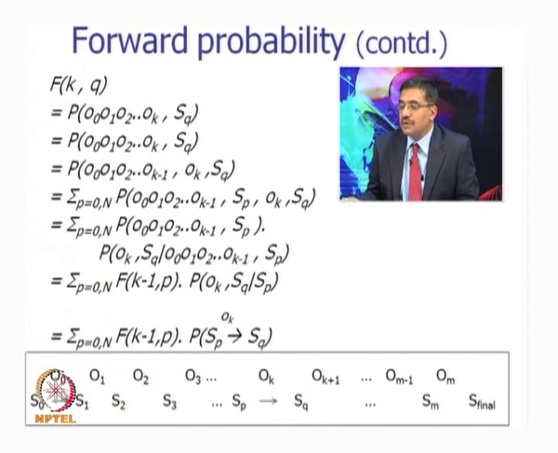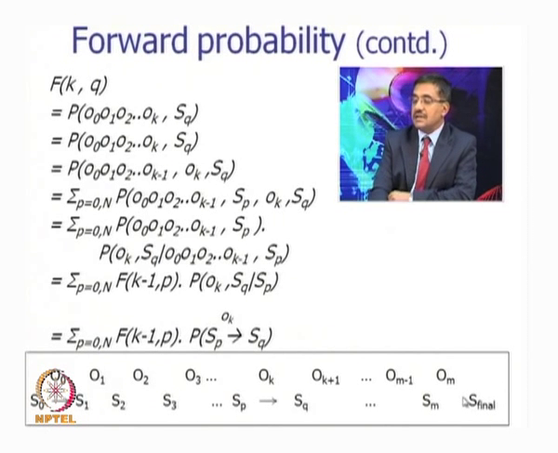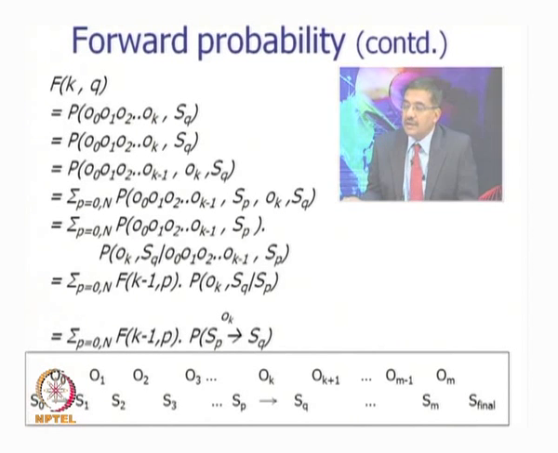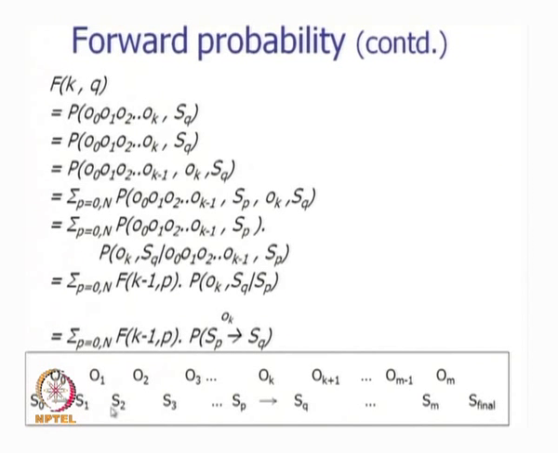We now refer to the whole situation where O 0, O 1 up to O m is the complete observation sequence. After seeing O m, the machine enters the final state S final, which is one of the given states in the hidden Markov machine, and S 0 is the starting state.